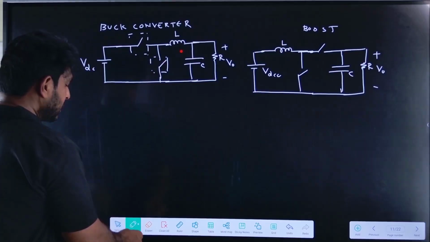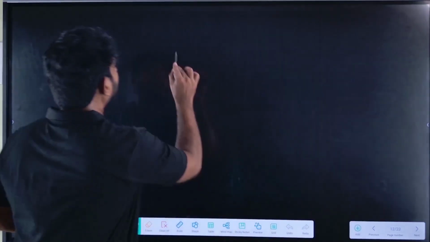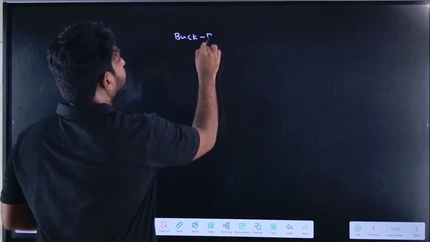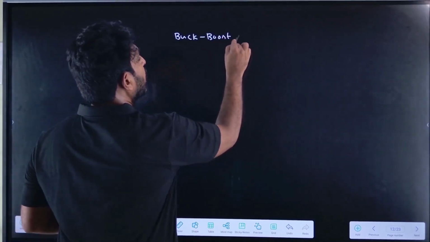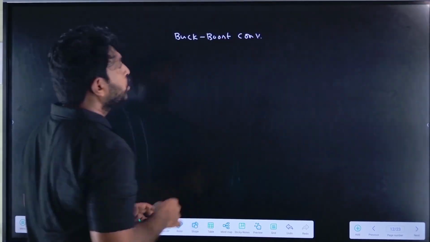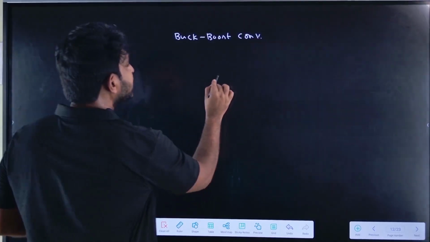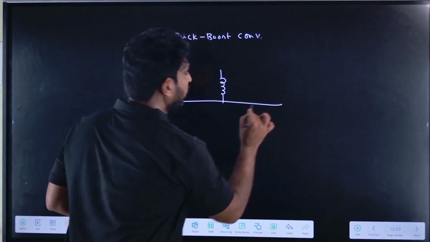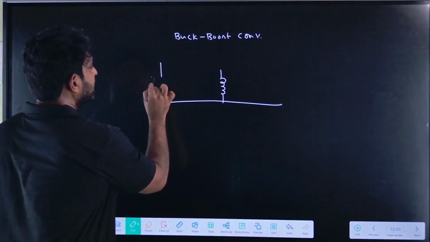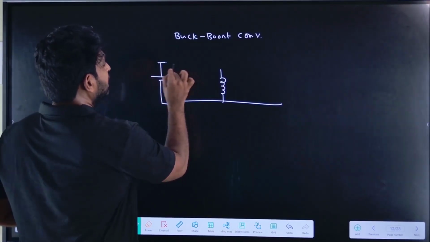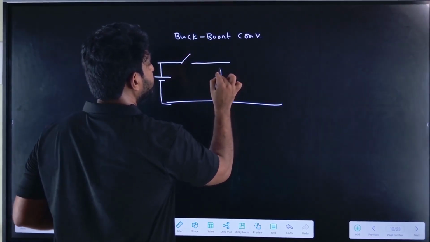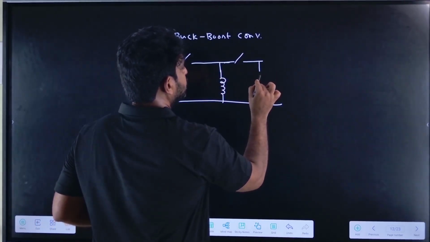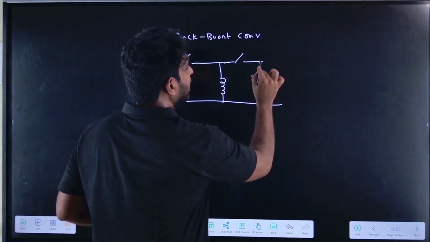Let us see how the buck boost converter is drawn. If the inductance is connected in between both the source and load, let us assume the source is here. Switch 1 is connected here, switch 2 is connected here, then the capacitance and the resistance.